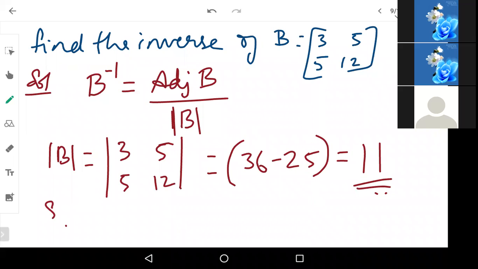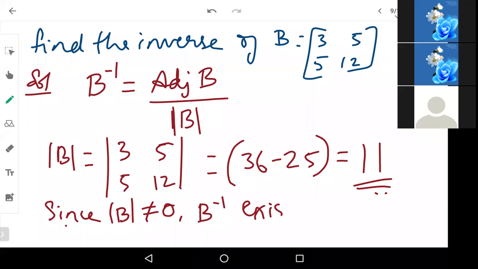So since determinant of B is not equal to 0, you can just write B inverse exists. This one sentence you have to write, okay? Since the determinant is not equal to 0, so the inverse will exist. Oh, very good. So continue solving, Yashashwini.